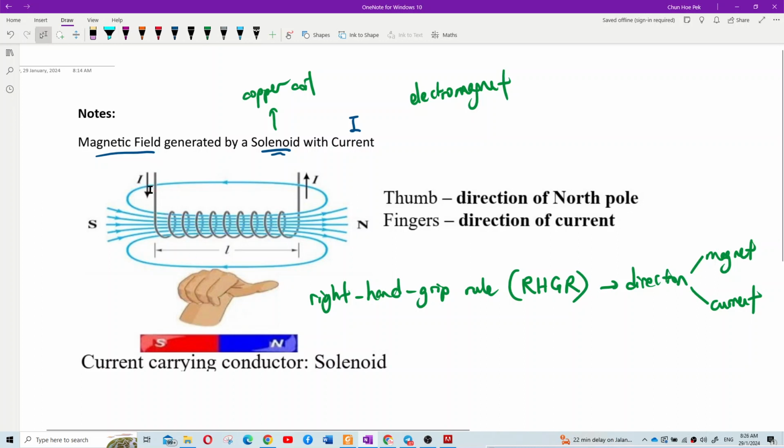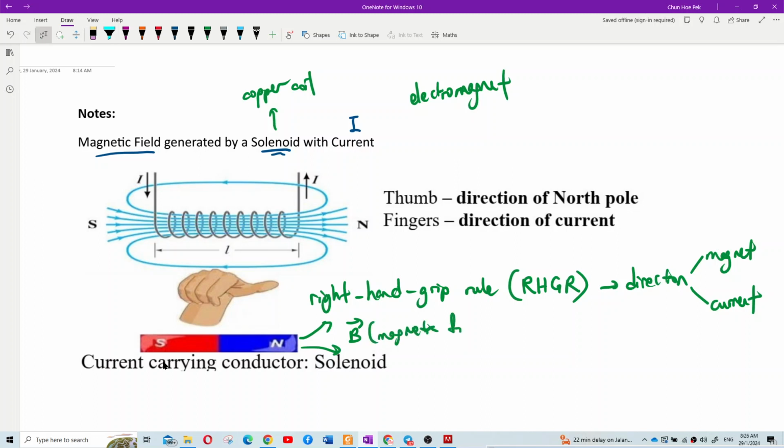So for example, if you have current passing through this solenoid, then it generates a magnetic field. It has a north pole and south pole, just like the bar magnet. For a bar magnet also, the magnetic field comes out from the north. This is the magnetic field, and we put the symbol B. The B is called the magnetic field.